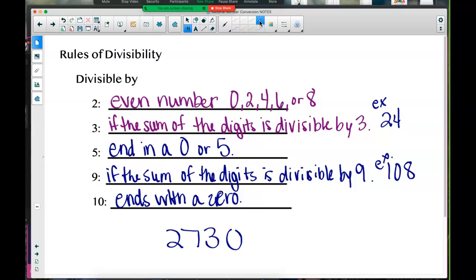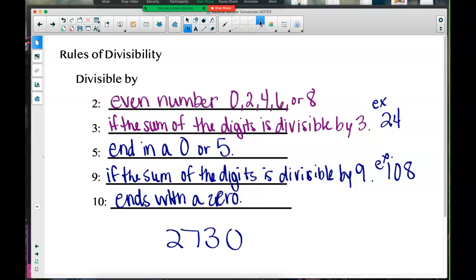Does 3 go into 12? Yep, so we could divide it by 3. Is it divisible by 5? If it ends in a 0 or a 5, so yep. Does 9 go into it? 2 plus 7 plus 3 is 12. Does 9 go into 12? No. And does 10 go into it? Yeah.